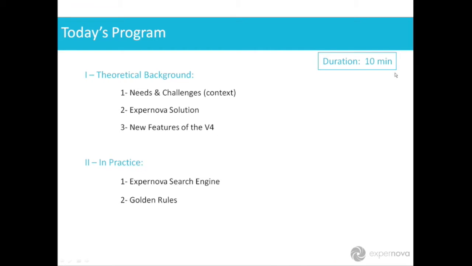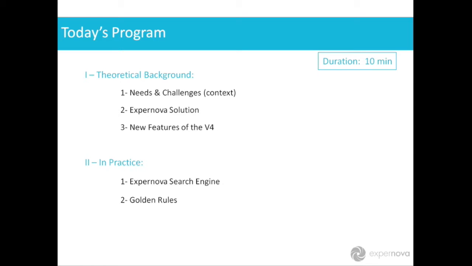So let's begin. What we've got planned for today, hopefully, will take just 45 minutes of your time. We'll start with a brief introduction to the context surrounding the launch of our version 4, the strategic choices which were taken into account in order to choose the new directions that we've taken for this version.